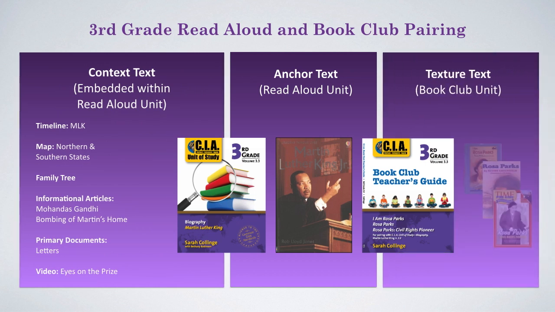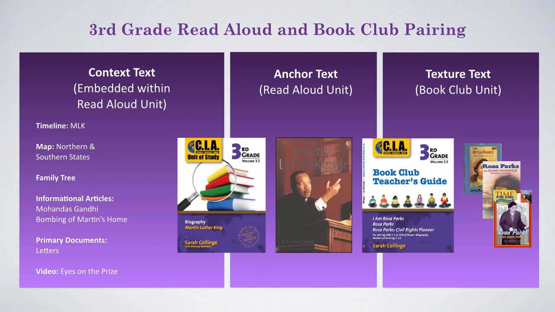And finally, we add texture through book clubs. In this example, the accompanying CIA Book Club unit that pairs with Martin Luther King Jr. is focused on Rosa Parks. The book clubs will offer a below grade level, an on grade level, and above grade level text to allow for differentiation.